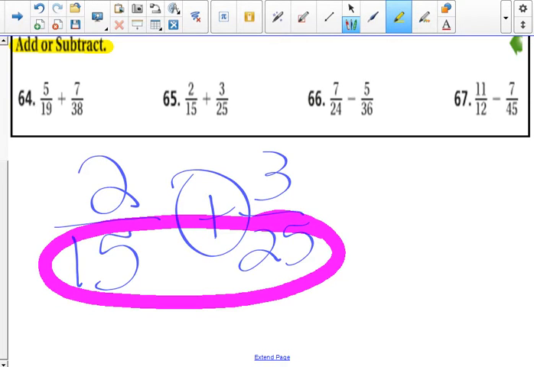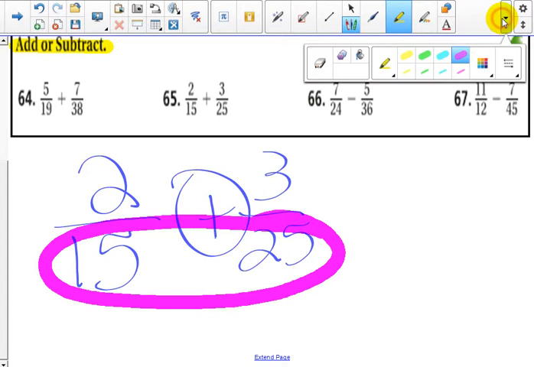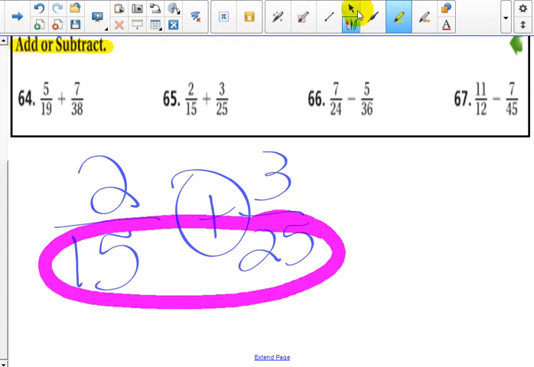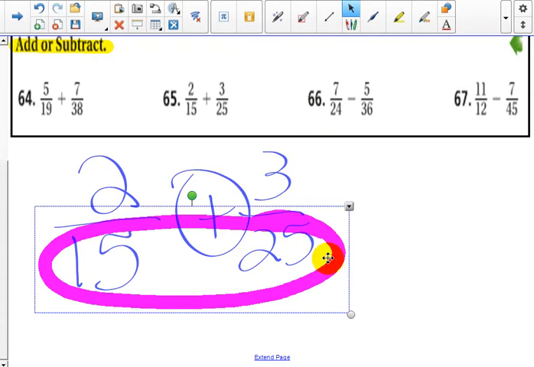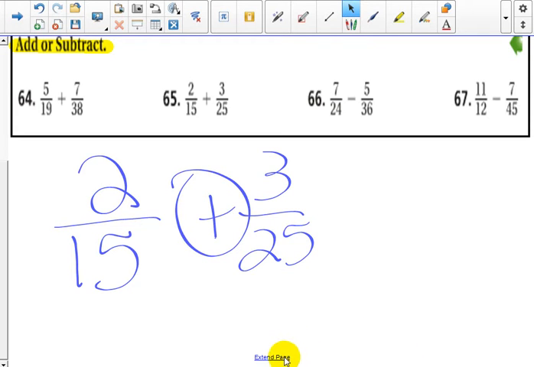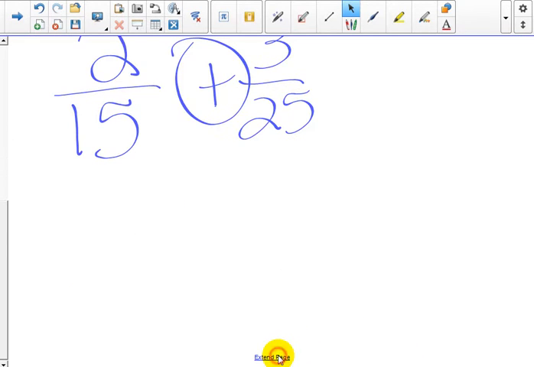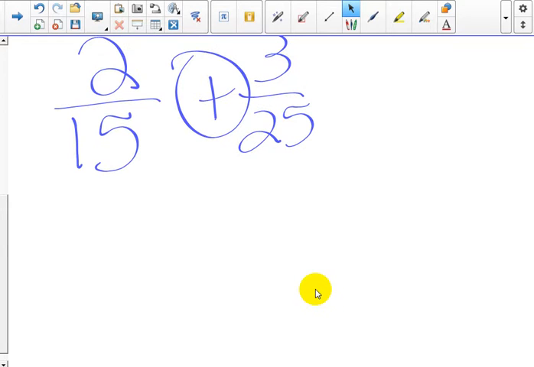Okay, so my denominators need to be the same. So in order to do that, I have to find multiples of each denominator here and find the least common denominator.